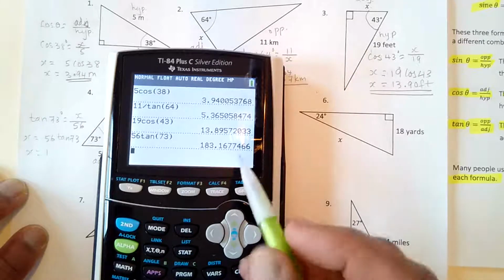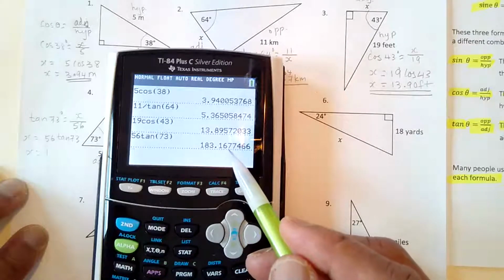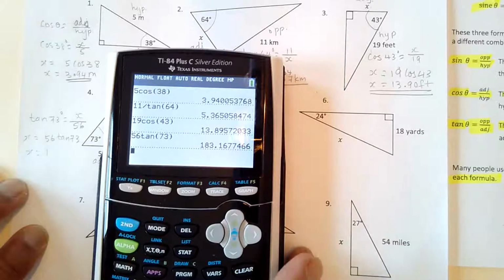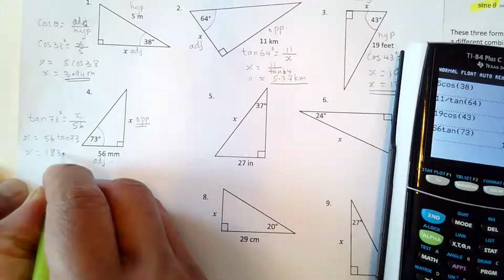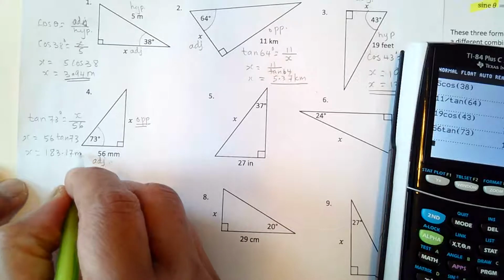Round to 2 decimal places. Because the 6 is followed by a 7, which is greater than 5, I round the 6 up to 7. So x is 183.17 millimeters.